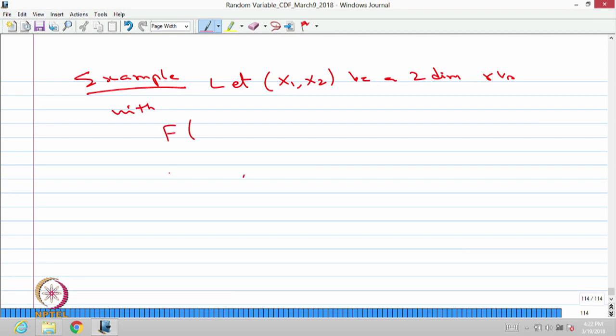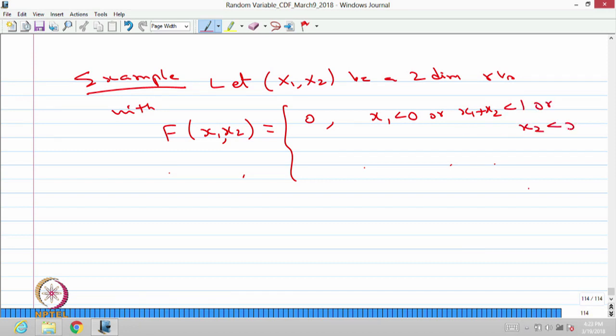As an example, let x1, x2 be a two-dimensional random variable with CDF F of x1 comma x2 that is 0 when x1 is less than 0, or x1 plus x2 is less than 1, or x2 is less than 0.